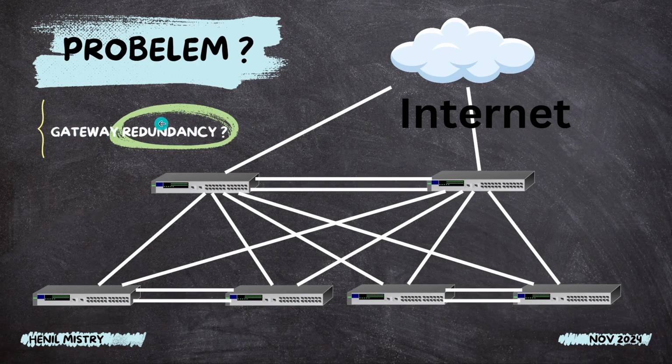Now if we talk about redundancy, let's say there is just one IP configured for the network, and we have configured a layer 2 structure over here. All the devices might be operating on the same subnet, same network, and there is only one IP configured as a gateway.